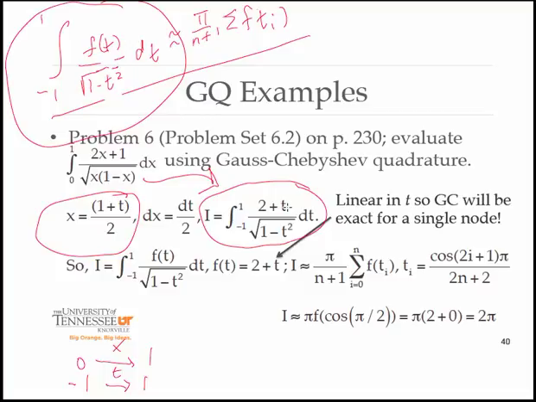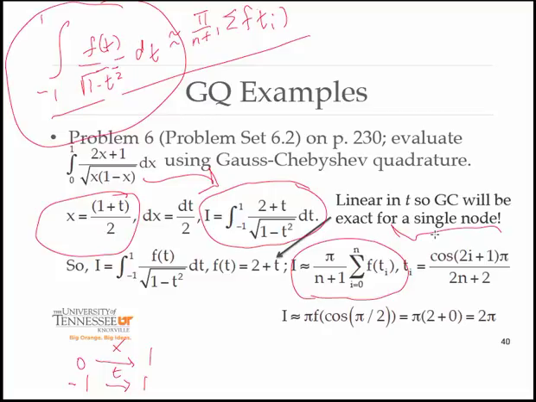And so then what we'll do is we'll just apply the Gauss-Chebyshev right-hand side as we've done here, use our function 2 plus t, where in this particular rule, you can actually come up with a closed form representation for all the nodes in terms of cosine.